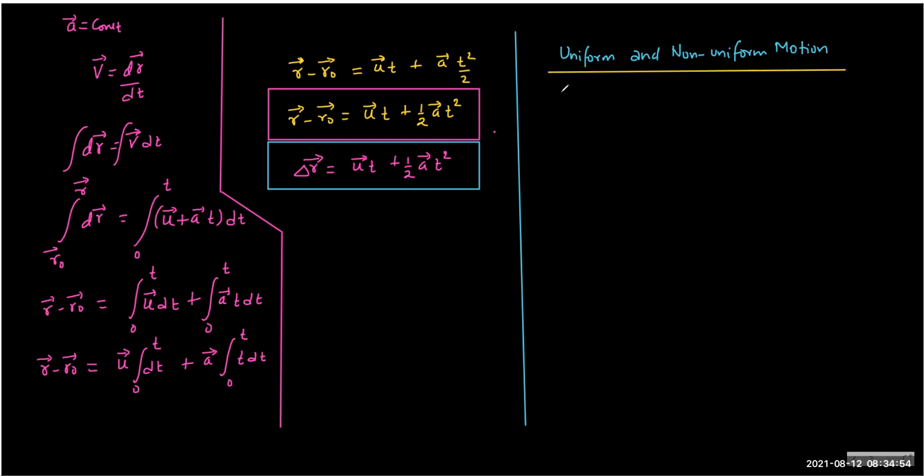So when we say motion is uniform, when is it uniform? Sir, when its acceleration is constant.